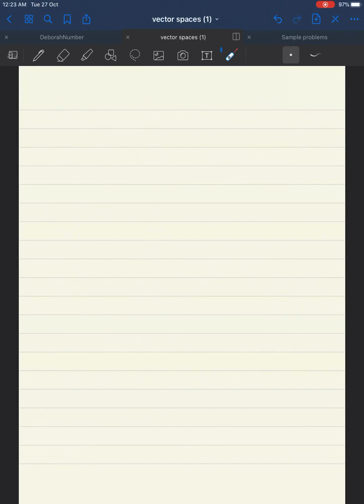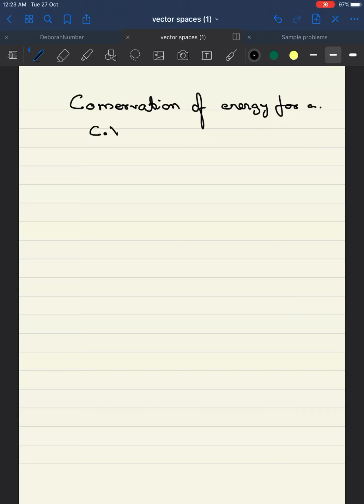So now we are ready to deal with conservation of energy for a control volume, for a CV. To write the conservation of energy equation, we have to obviously use the Reynolds transport theorem.